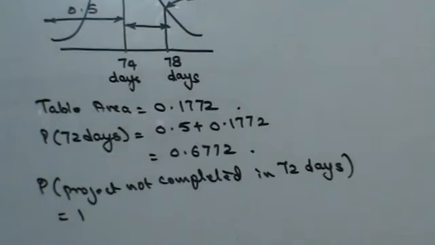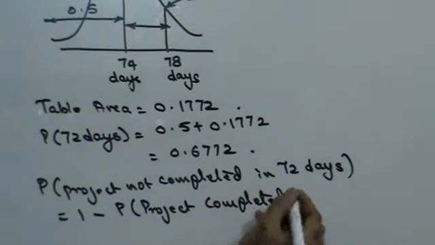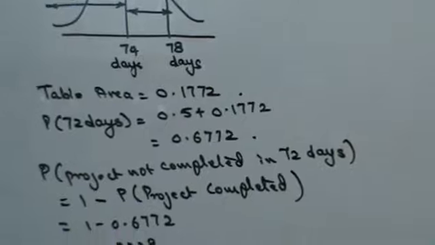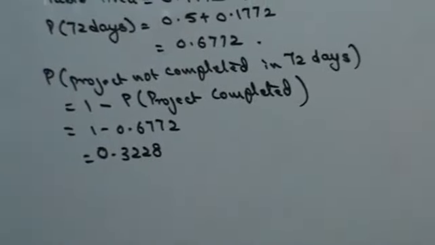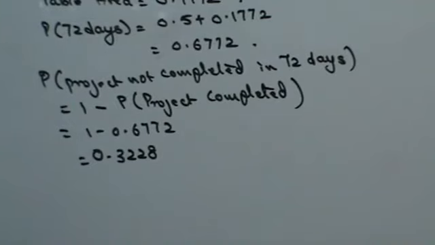Whenever you have to find 'not', it is 1 minus the required probability. So 1 minus 0.6772 is 0.3228.